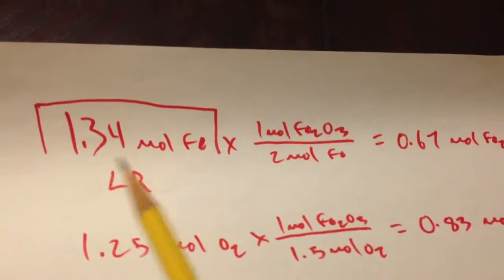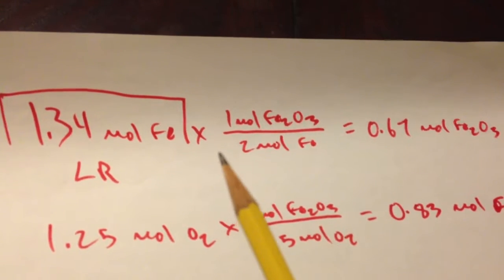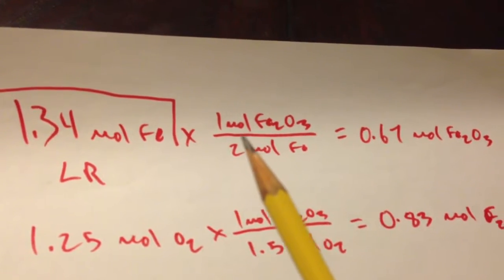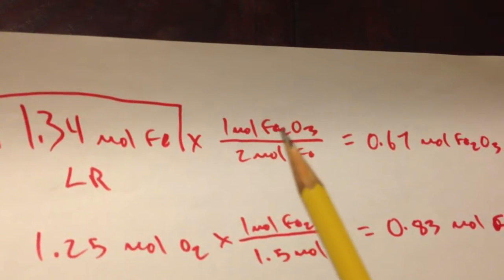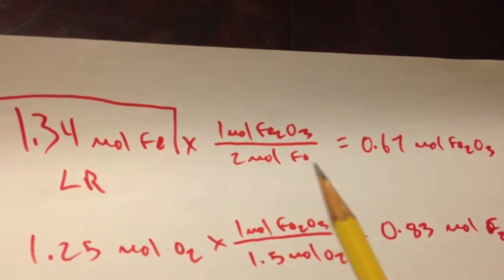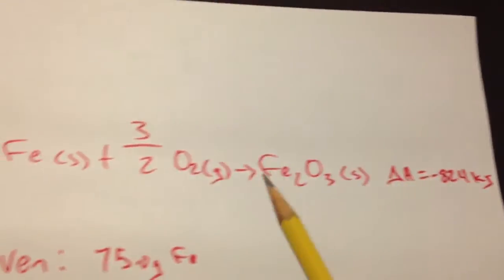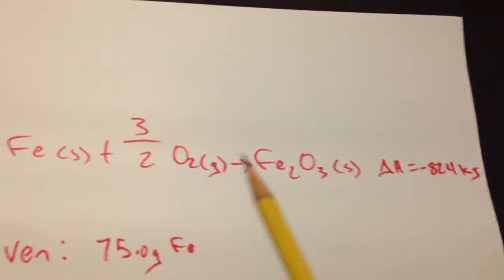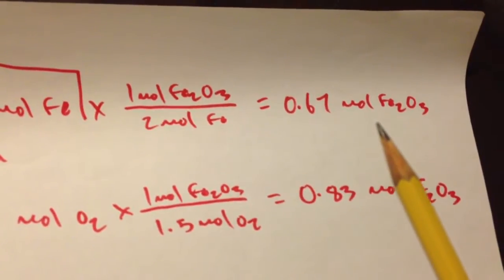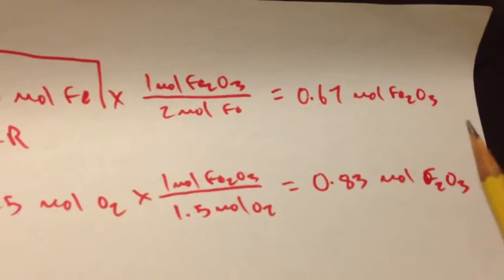So we do 1.34 moles times the molar ratio, which is 1 mole of Fe2O3 over 2 moles of Fe, which we get from the coefficients in our equation. When we calculate this, we get 0.67 moles of Fe2O3.